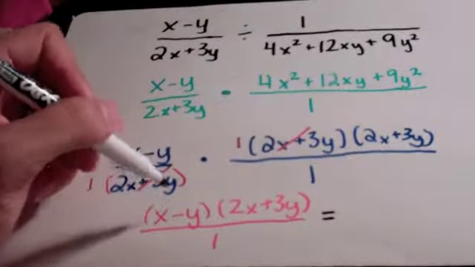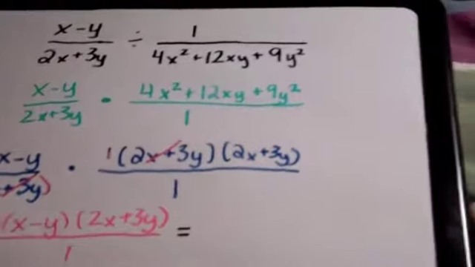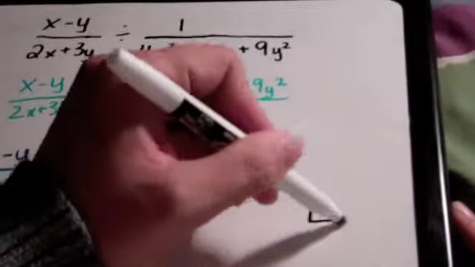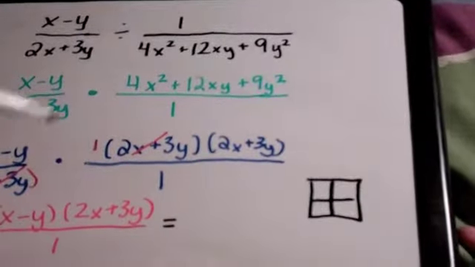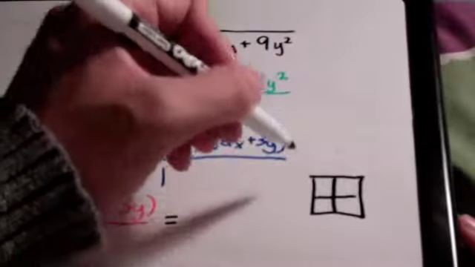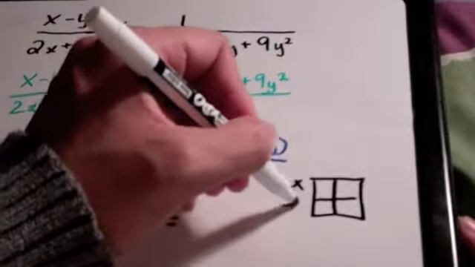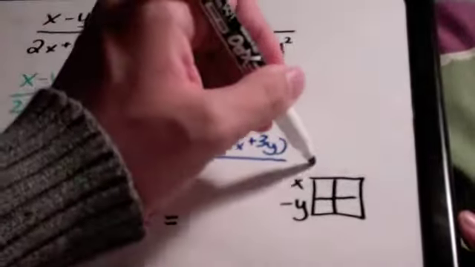So we'll just use the regular Punnett square method. So here we've got x minus y, and over here we've got 2x and 3y.